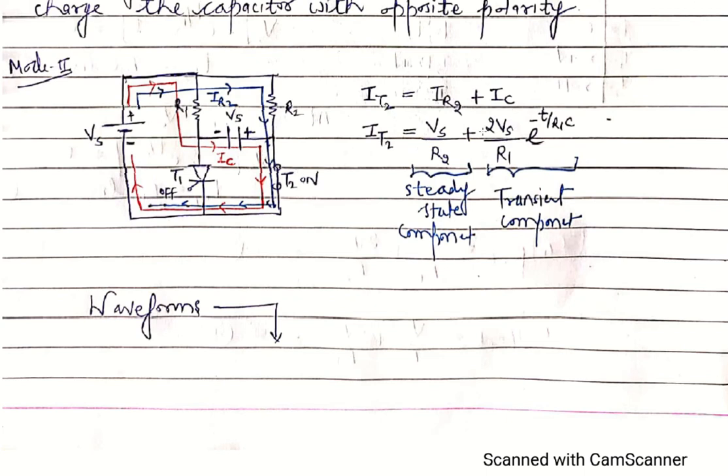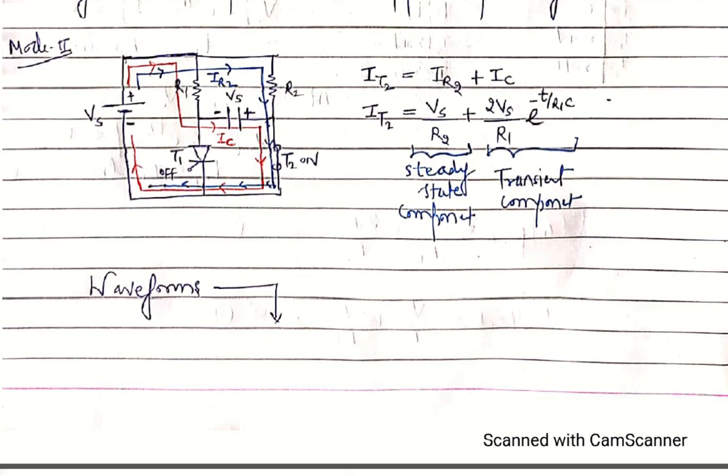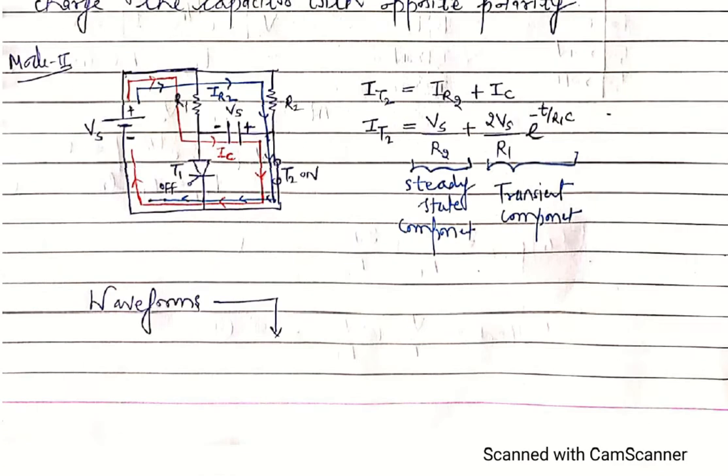If we add both currents, we obtain two components: one is a steady state component, one is a transient component. The time constant will be R1C, because this charging current flows through the R1 resistor, and IR2 will be VS divided by R2. So two expressions of current are there. These are mode 1 and mode 2 of conduction.